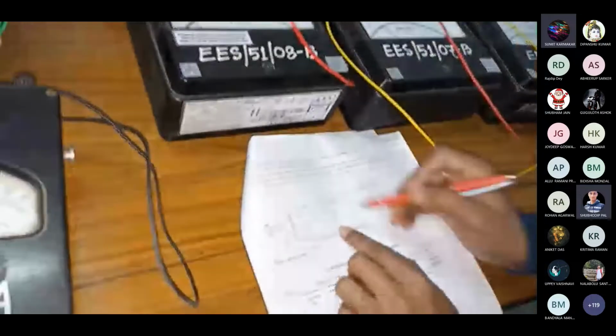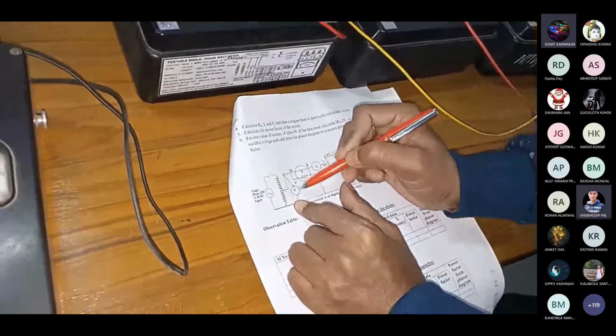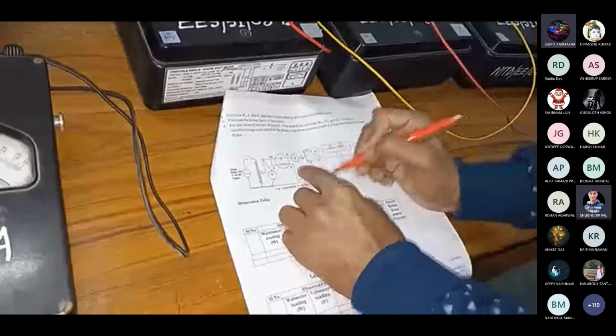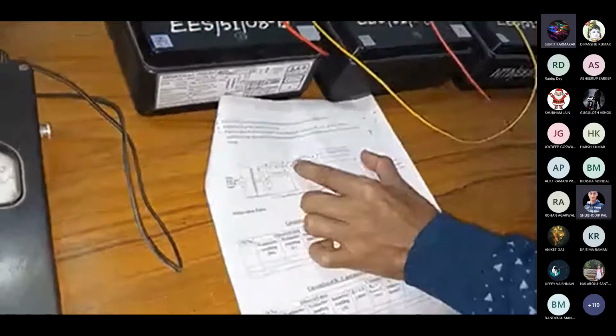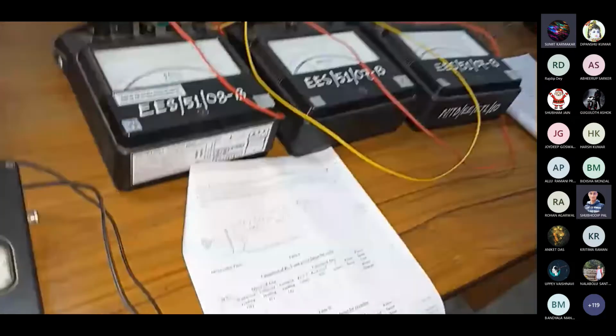So here also I have connected one voltmeter. There will be a small voltage difference, so this voltage will be slightly higher than that, which I will demonstrate. That voltmeter will be connected across the parallel combination, that means the load.